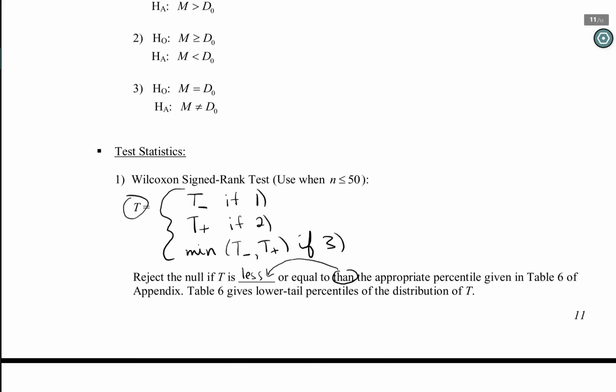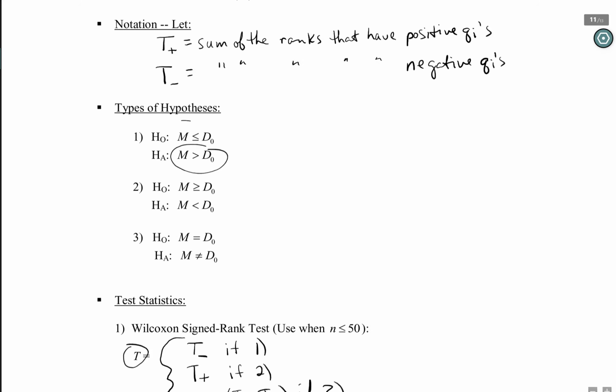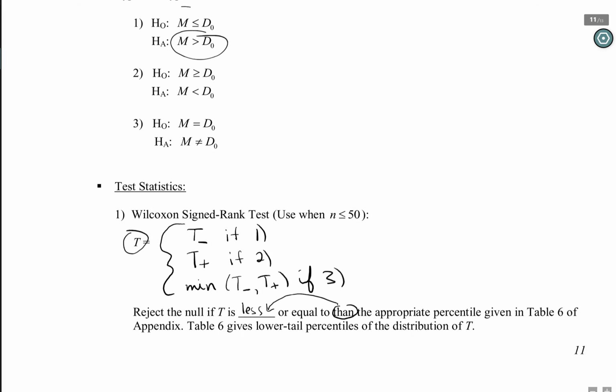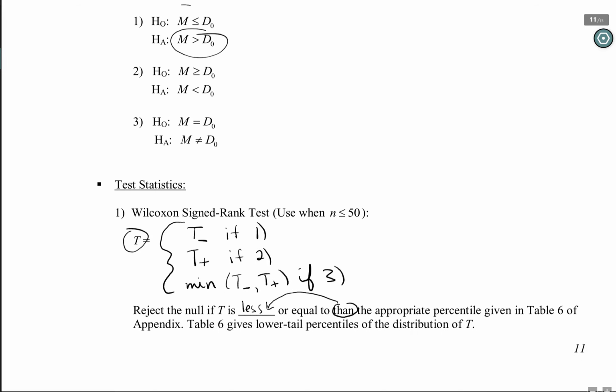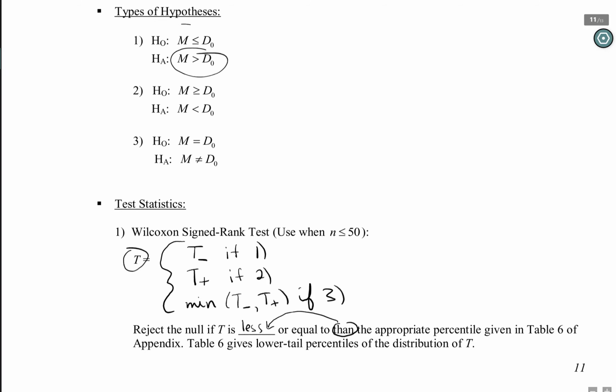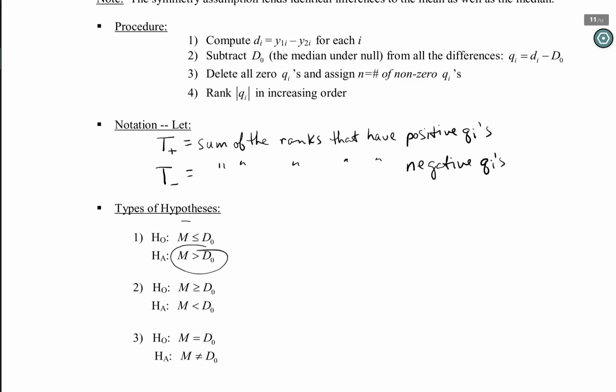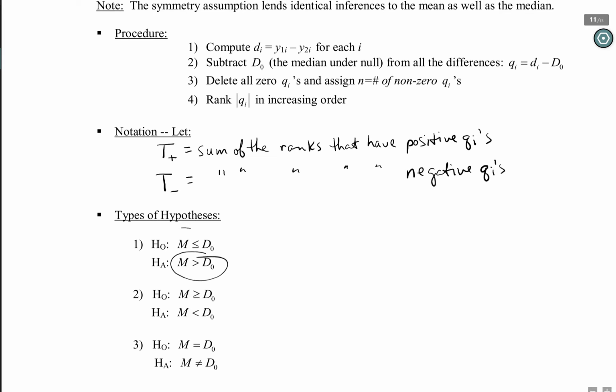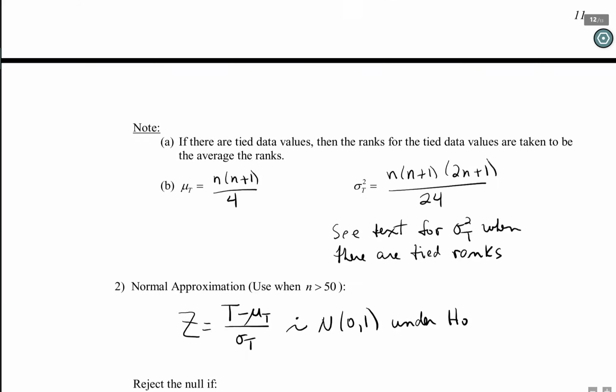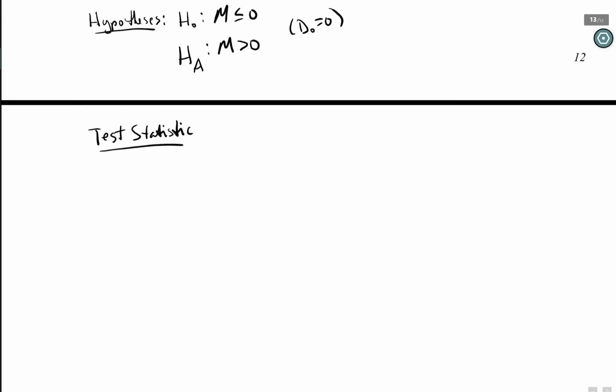The alternative is a greater than, and so I'm under the situation of 1, and so I need T minus. That's going to be my Wilcoxon sign rank test. T minus here is the sum of the ranks that have negative Q's. So my test statistic here is T minus.